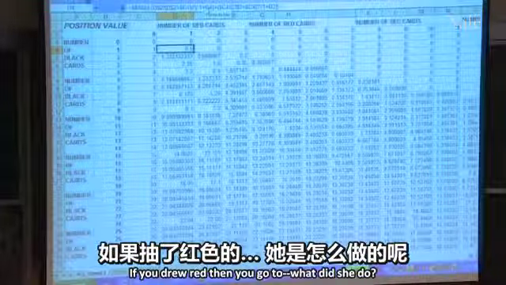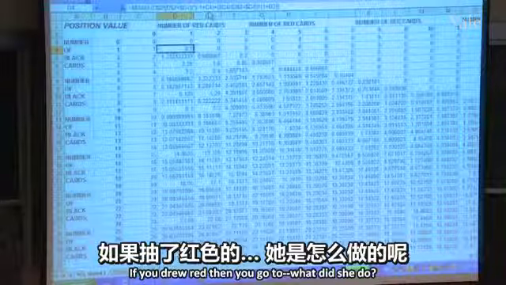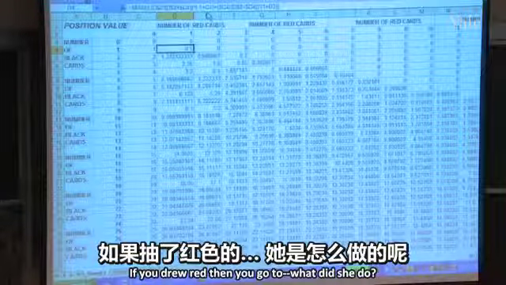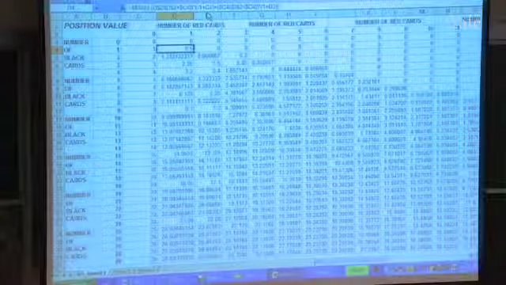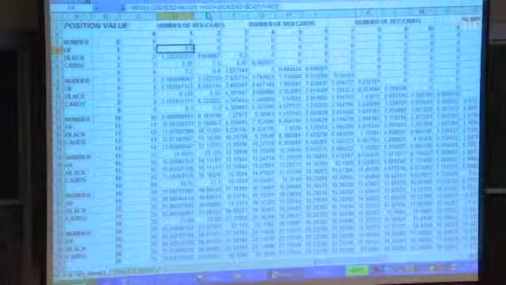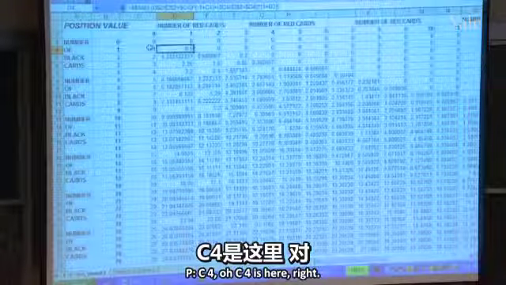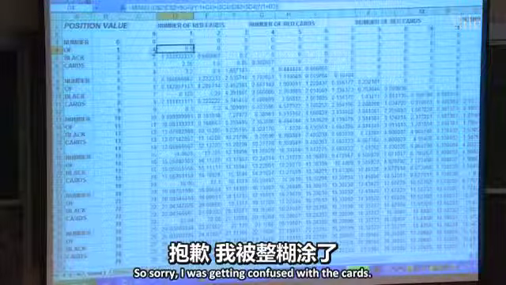If you drew red, then you go to, what did she do? C4, where, oh, C4 is here. Okay, right. Sorry, I was getting confused with the card.